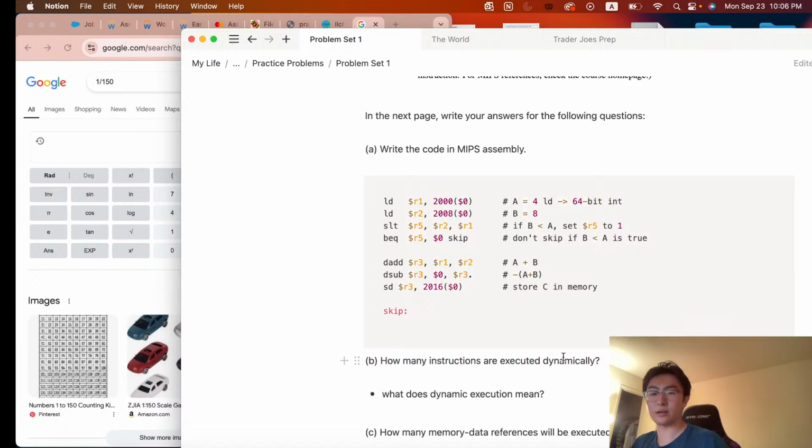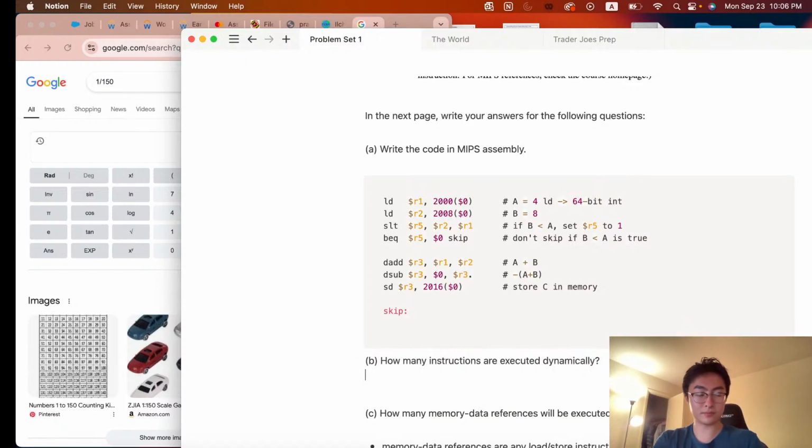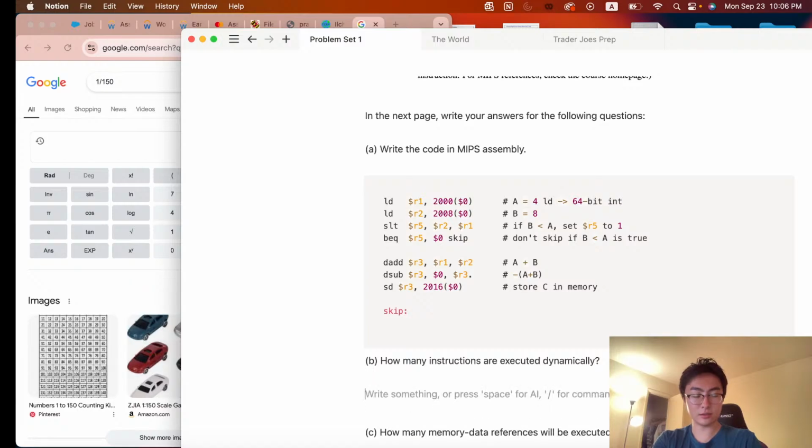In this case, we just flow through the code to see what happens. I think that's really all we need to do.